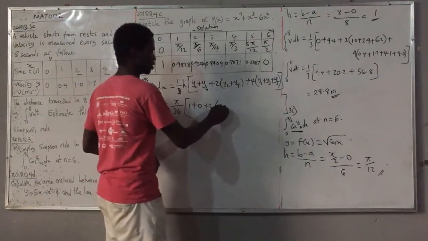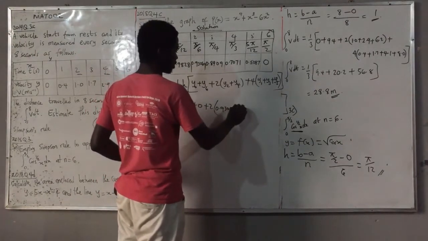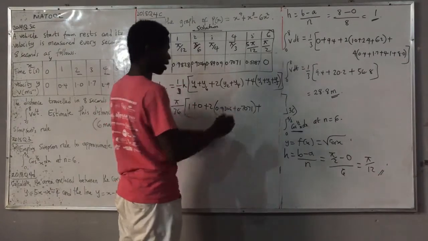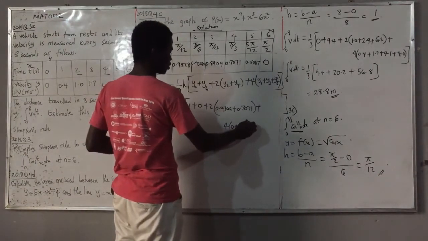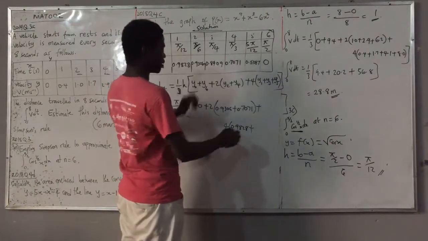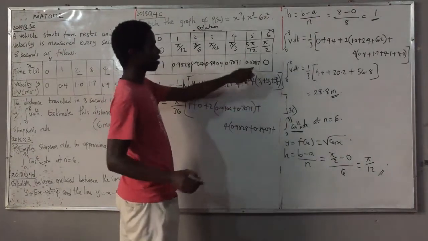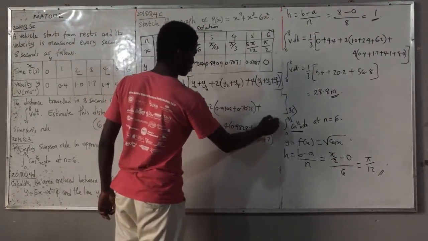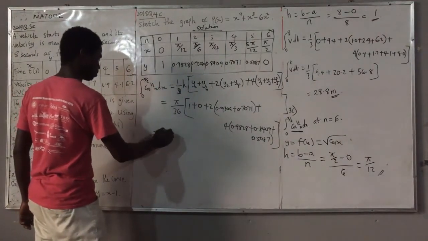Y2 is 0.9306 plus y4 is 0.7071, plus 4 times open bracket, y1 is 0.9828 plus y3 is 0.8409 plus y5 is 0.5087.